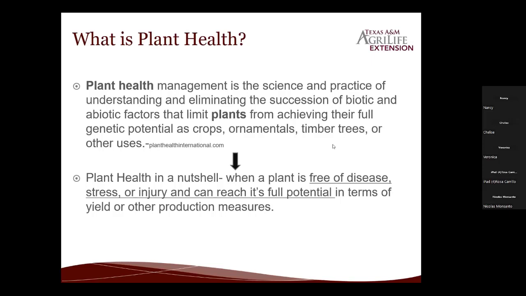It could be number of cut rose stems in a commercial flower production. It might be how many tomatoes per plant you got out of your garden. Or in nature, it could be more of a measure of how many successful offspring that particular individual or population of individuals had. So our scope of success can shift, but generally for the purposes of people, we're talking about yields and harvests and aesthetic qualities.